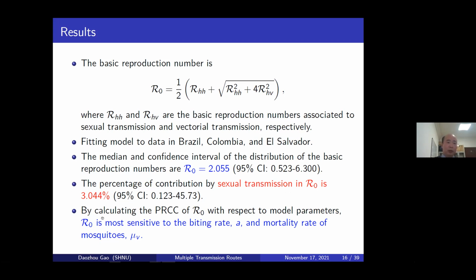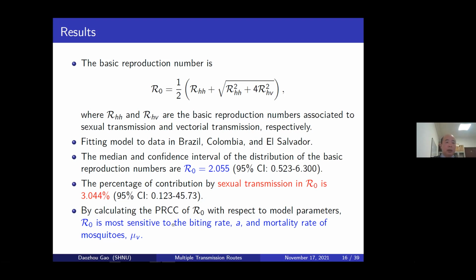In addition, the sensitivity analysis shows that R naught is most sensitive to the mosquito biting rate and the mosquito mortality rate. So the relative contribution of sexual transmission to Zika virus is small, and reducing mosquito bites and killing mosquitoes is the most effective strategy against Zika.